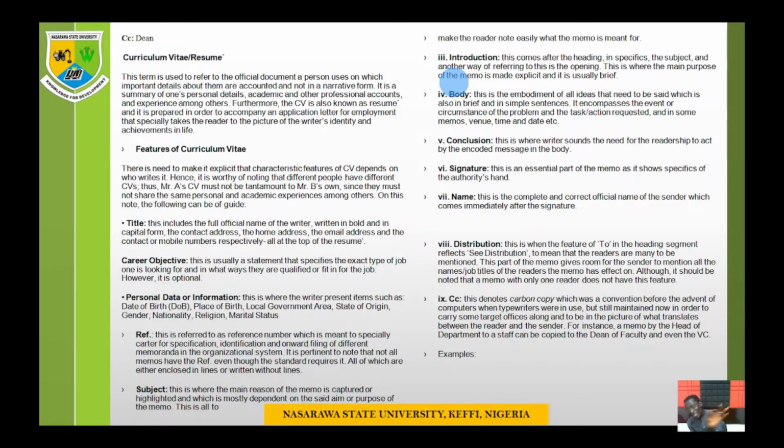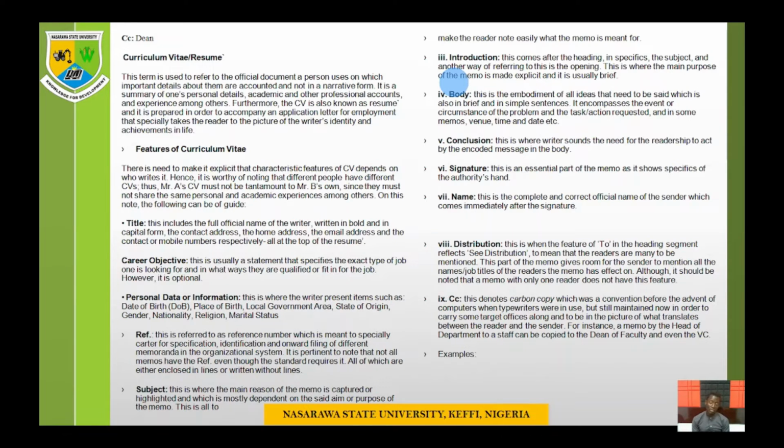But distribution depends on when the recipients are more than one, so that you cannot write them in the heading segment. So you have to create distribution as a feature. Then if you are sending copies again to some people to recognize the activity that is happening or what you are doing officially, then you have to create a kind of feature again we call CC. Copies to be sent to some offices, then you have to place them in order there. That's it.